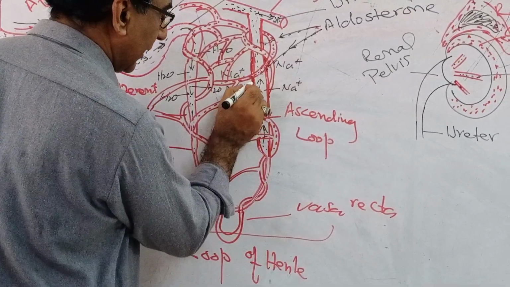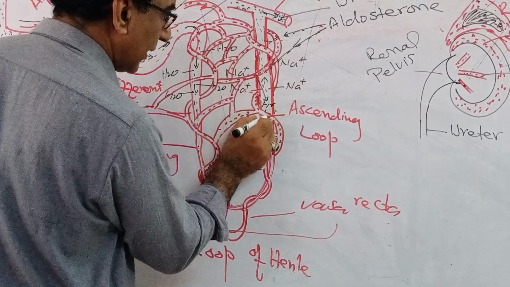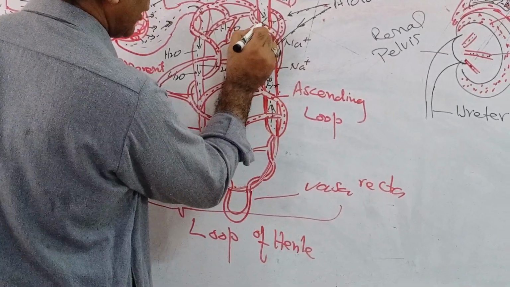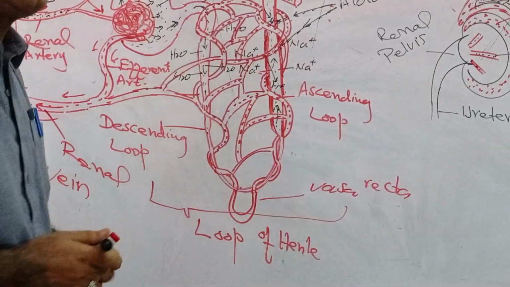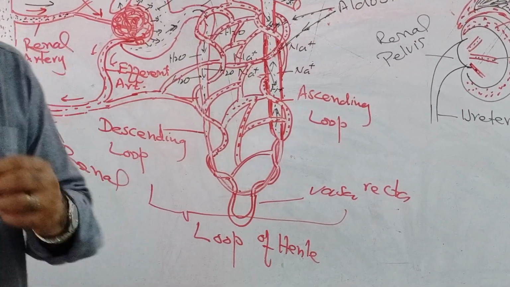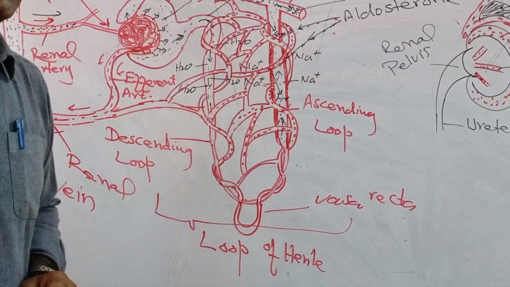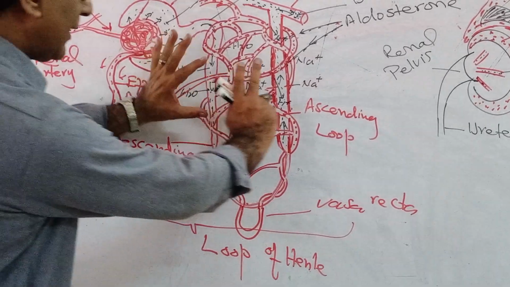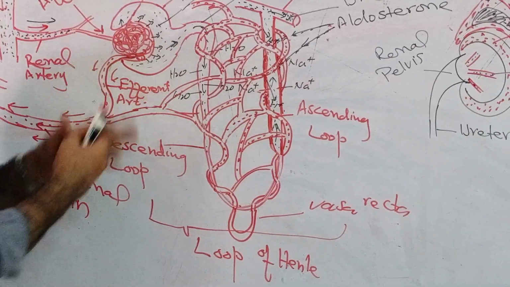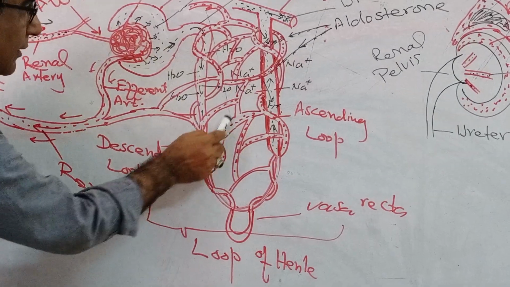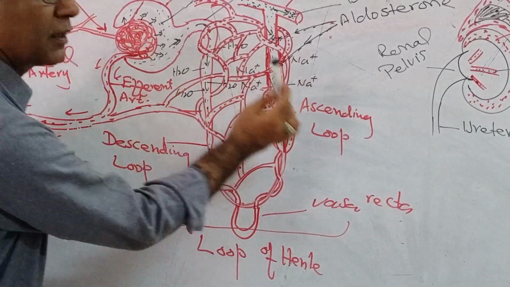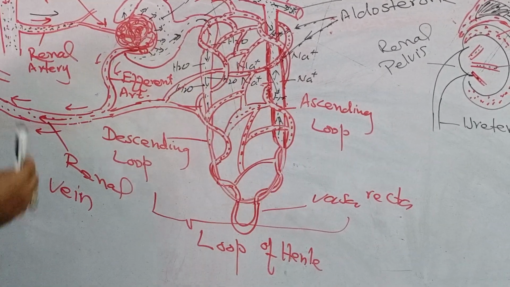Hydrogen ion secretion is carried out by the epithelial layer of the tubules.